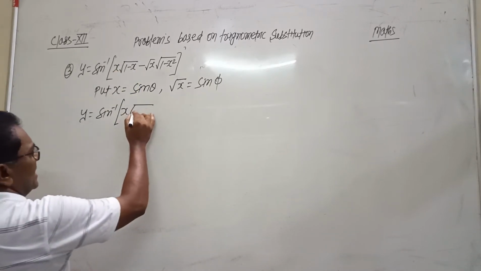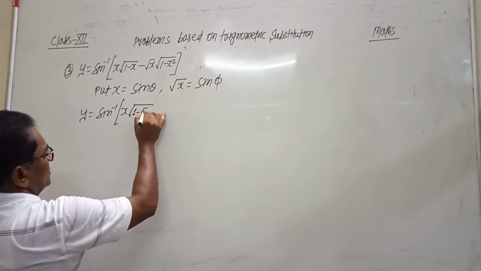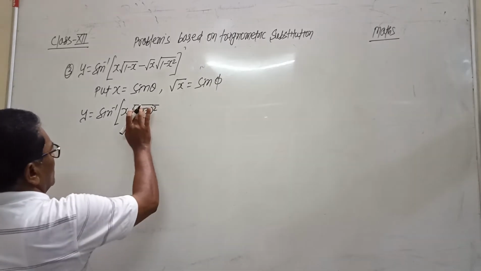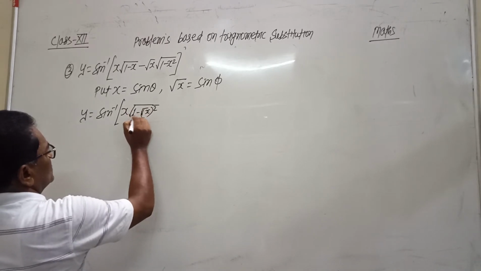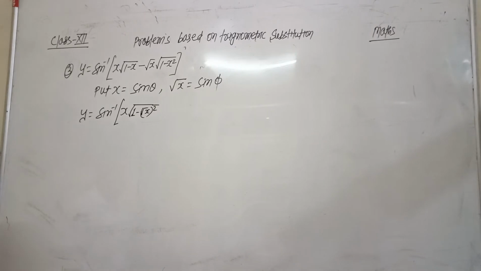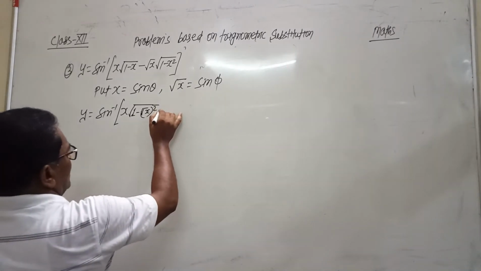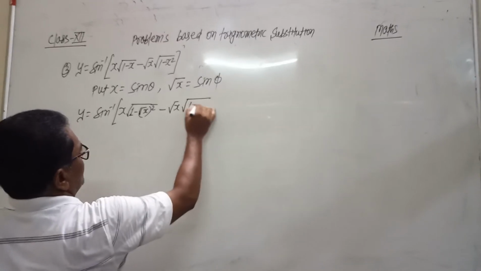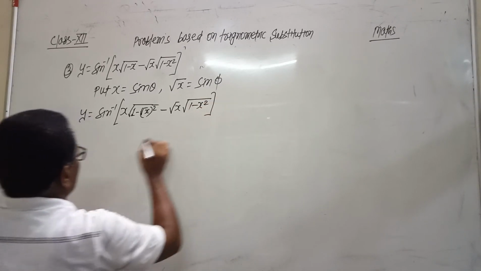This can be written as 1 minus root x the whole square, that is, 1 as it is, and x can be written as root x the whole square, minus root x and root 1 minus x square.